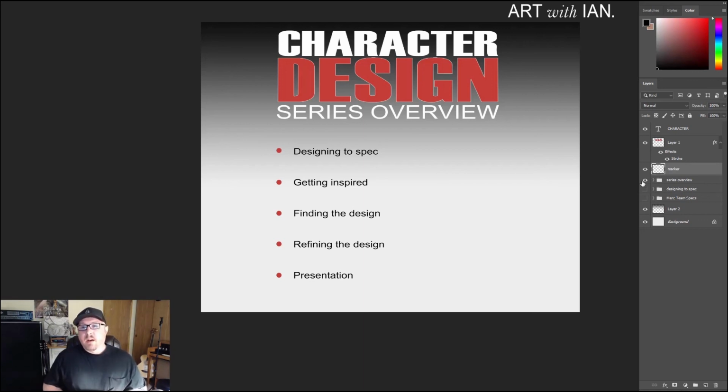I'm going to be putting a link to a downloadable document with these characters' specs in it for you. If you want, you can download it and go through with me and do your own designs of these characters based on how you perceive them, and just have fun. It's going to be a great project, and I'm really looking forward to it.